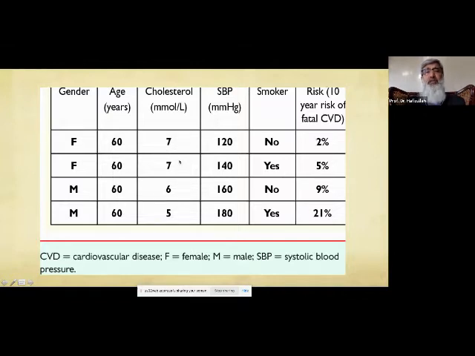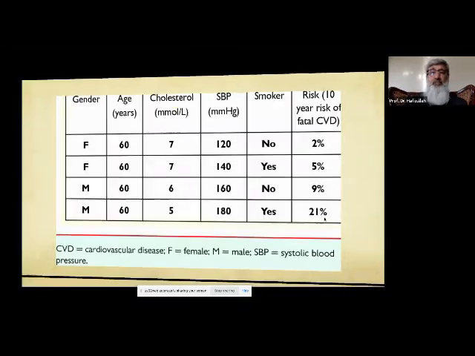But same person, if the blood pressure goes up to 140 and starts smoking, risk goes up to 5. If a male, even if the cholesterol is on the lower side, but if blood pressure is 160, person is a non-smoker, the risk is 9. But if the same person starts smoking, the risk goes up to as much as 21%.